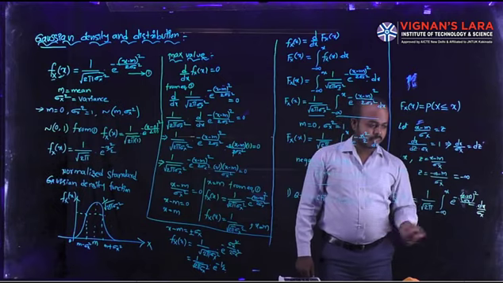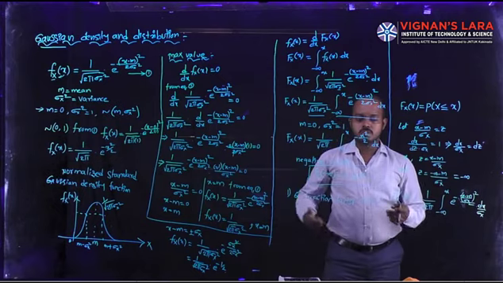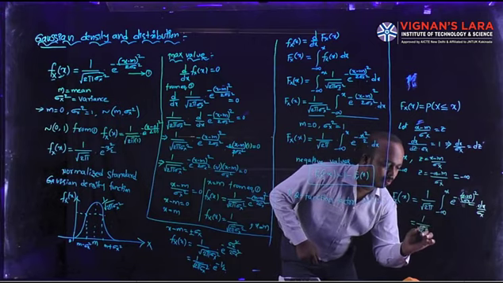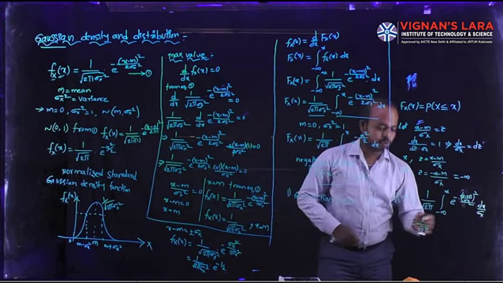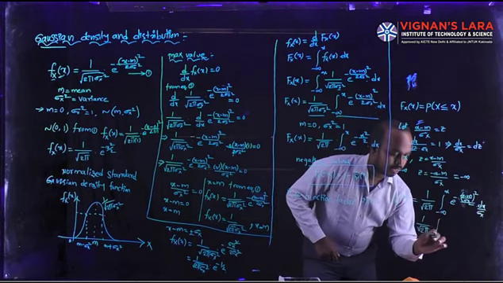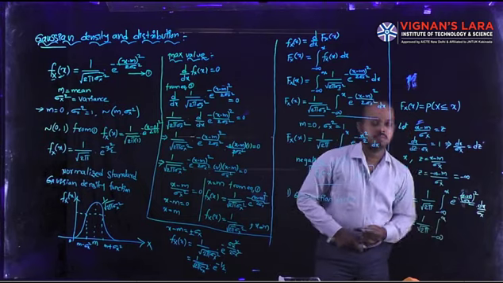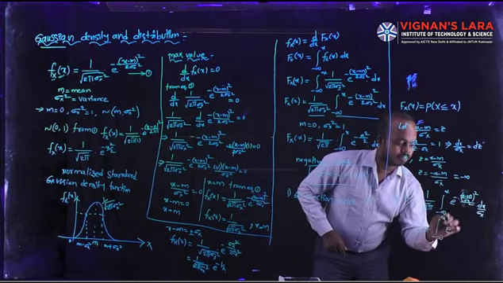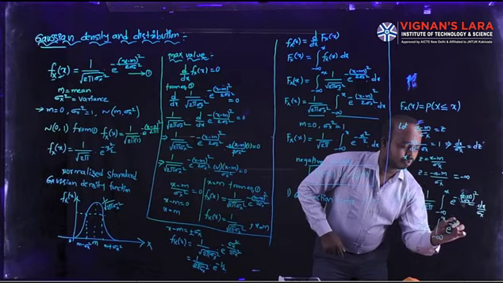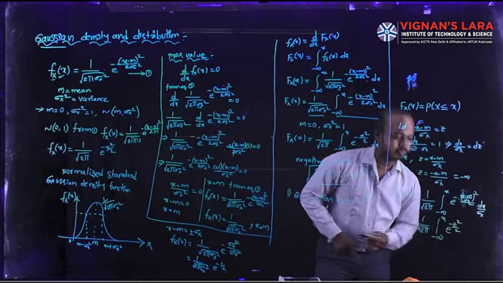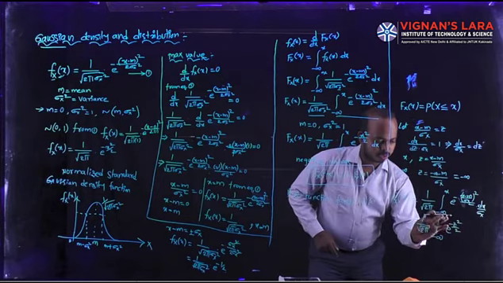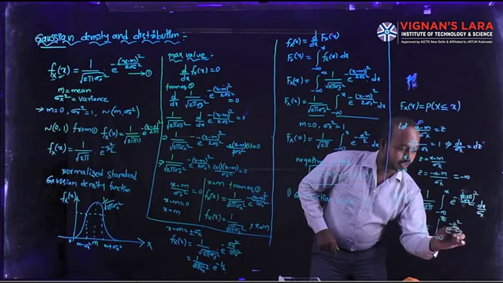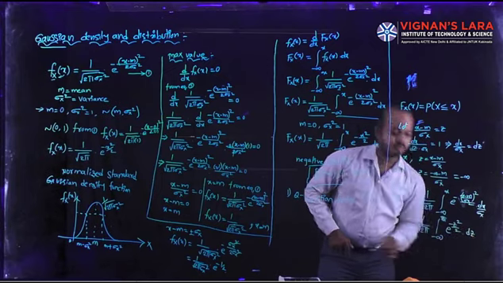Now you can replace all these x values in terms of z, that is 1 by square root of 2 pi, integral minus infinite to x, e power, this total term I am replacing with z square divided by 2, and here you also change the limits, minus infinite to z, into dz.